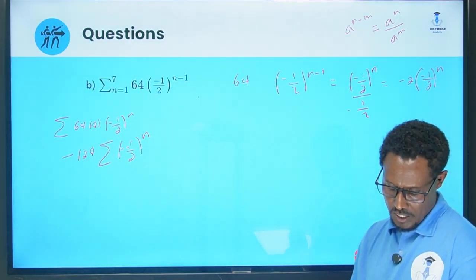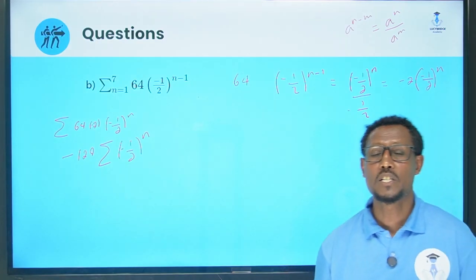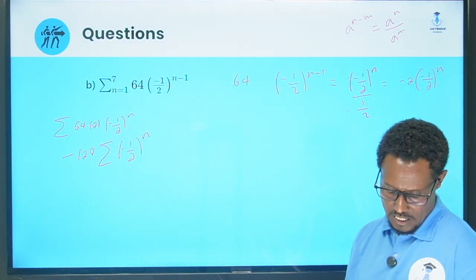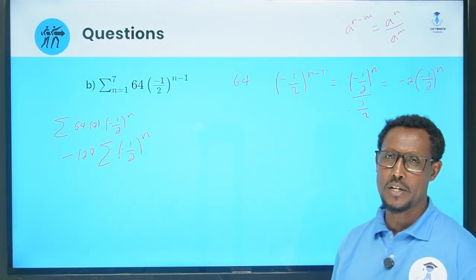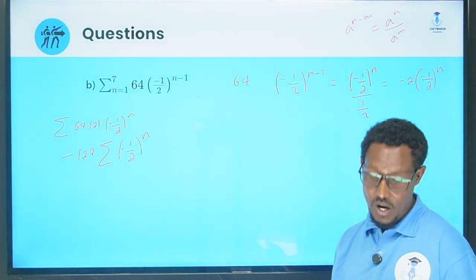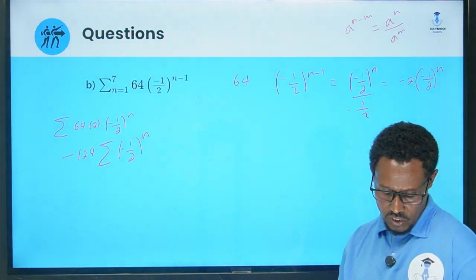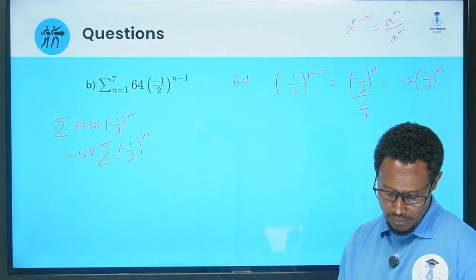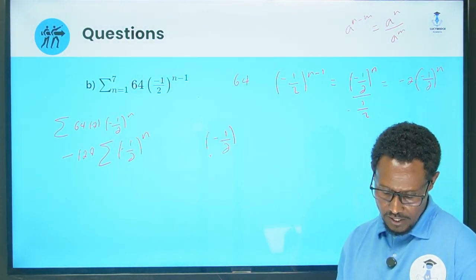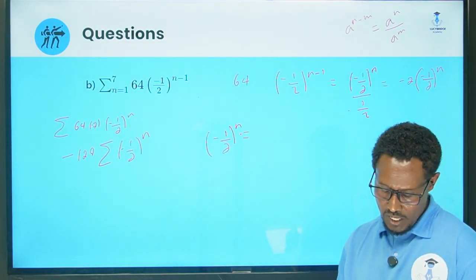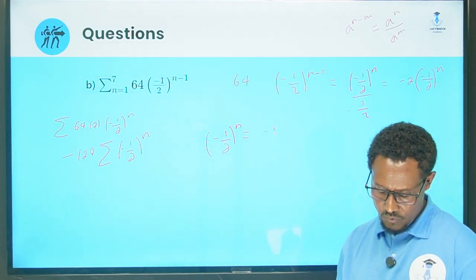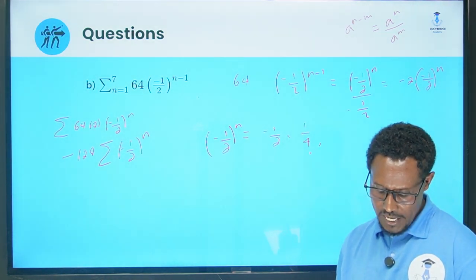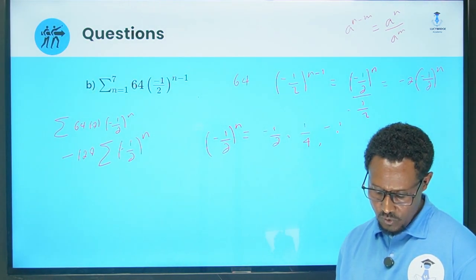Look, -1 over 2 to the power of n is a geometric progression with some common ratio r, okay? What is G1? When n is 1, it is -1 over 2. When n is 2, positive 1 over 4. When n is 3, -1 over 8.